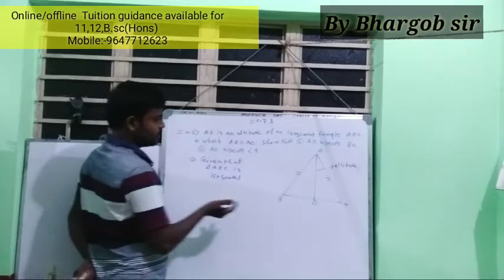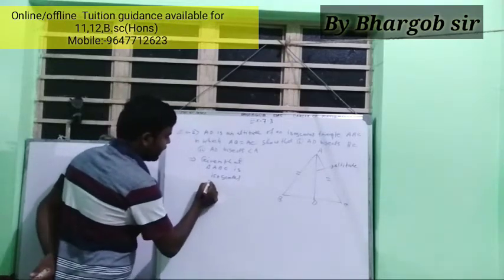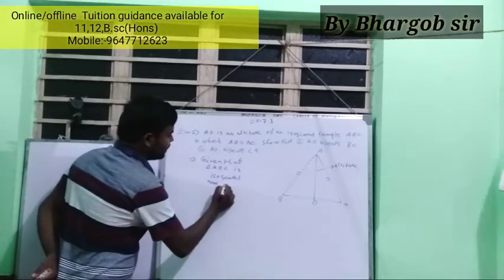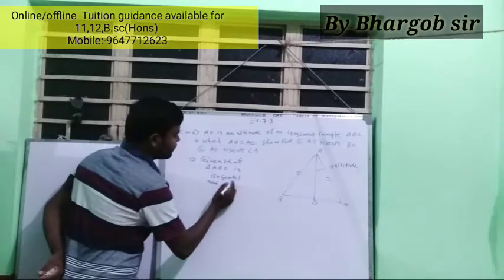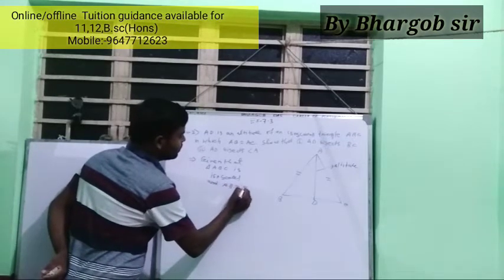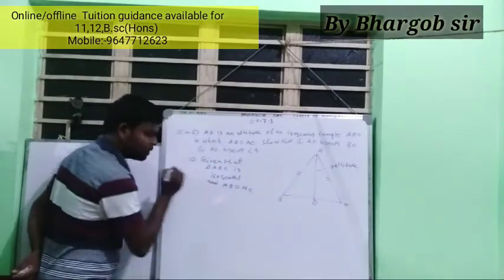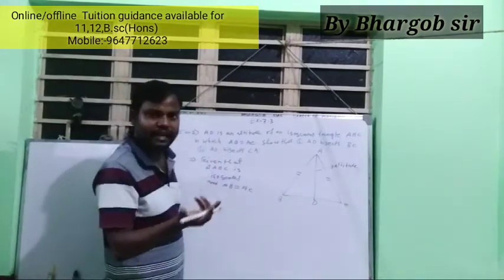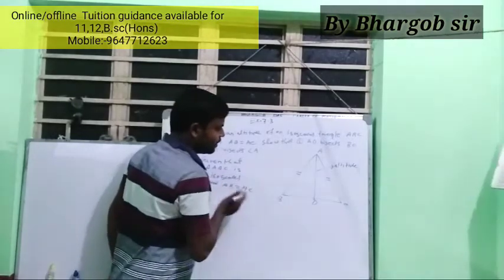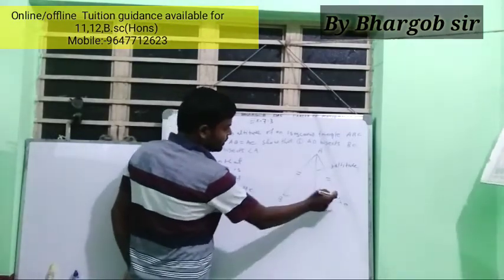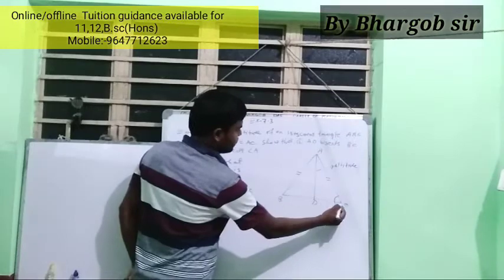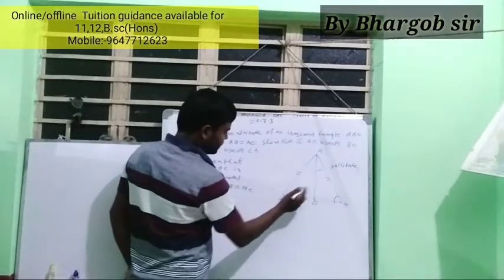Next, AB equal to AC. Therefore we say that the opposite angles of these equal sides are equal. The opposite angle of this side is this, and the opposite angle of this side is this.